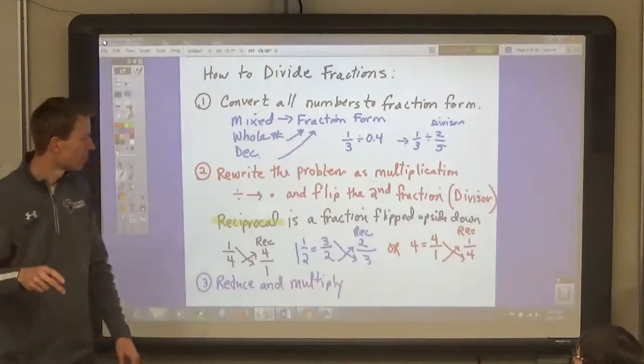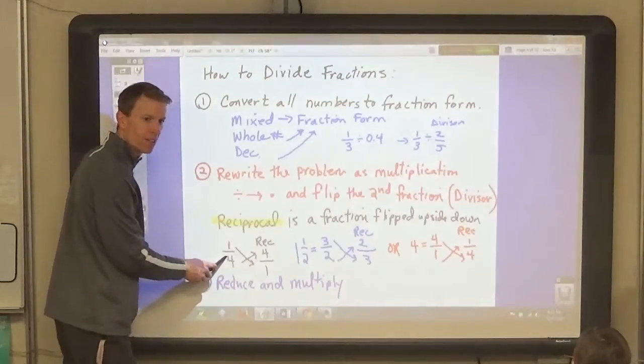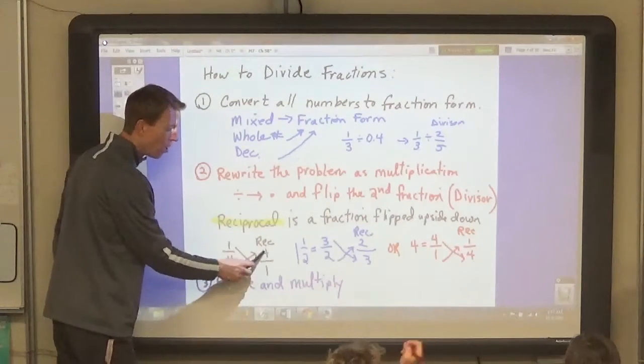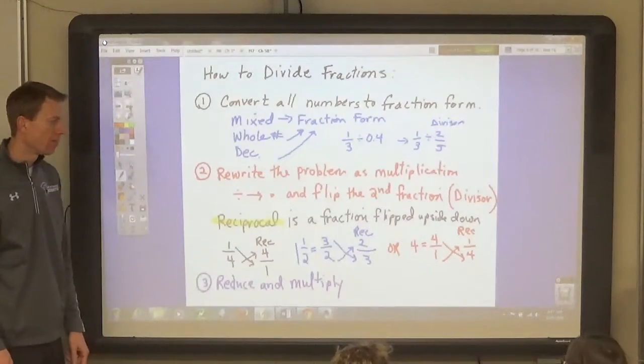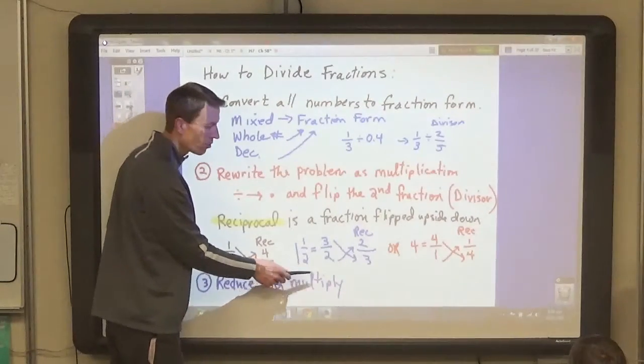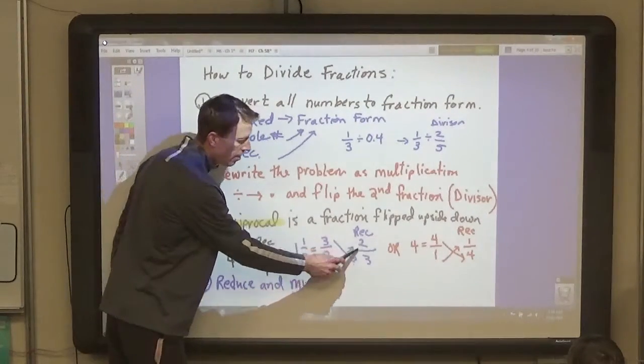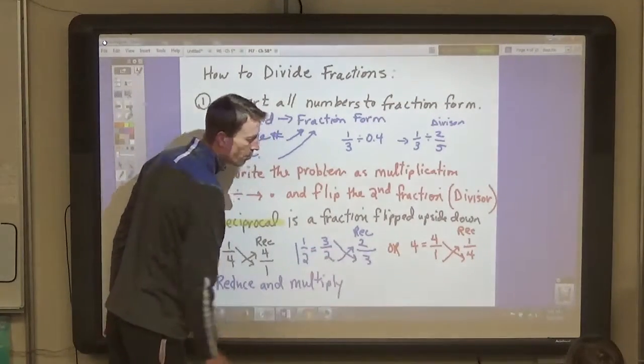Okay? So, if we're starting with 1/4, we would use 4 over 1, and then multiply. If the second number is 1 1/2, you'd first convert it to 3 halves, and then use its reciprocal of 2/3.